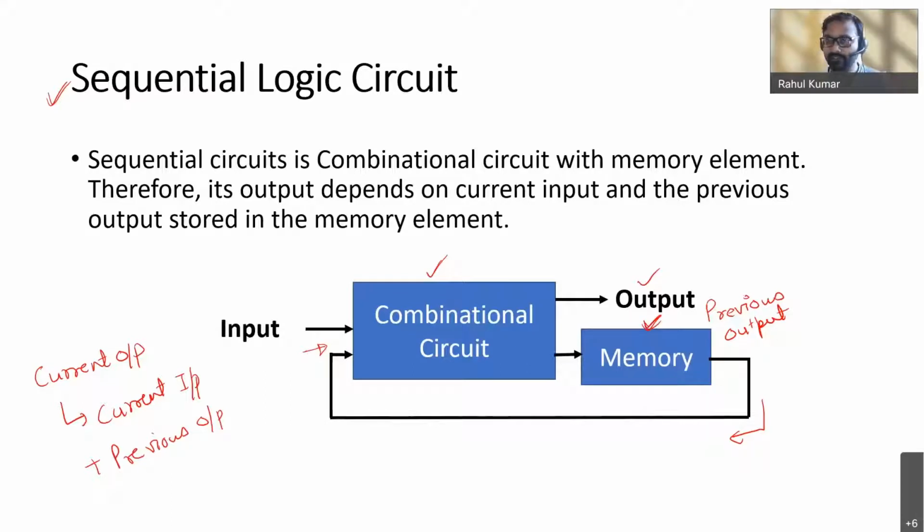In a sequential circuit, your present output will depend on your present input and the previous output, because that has been stored in the memory. So a sequential circuit is a combinational circuit with a memory element. Therefore its output depends on the current input and the previous output stored in the memory element.